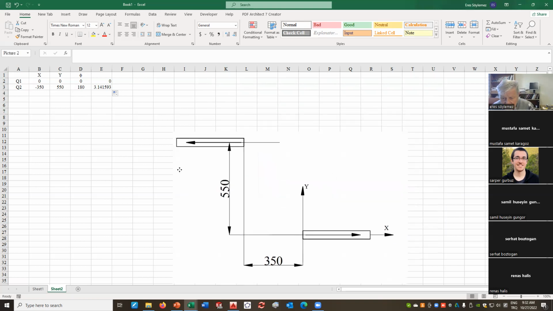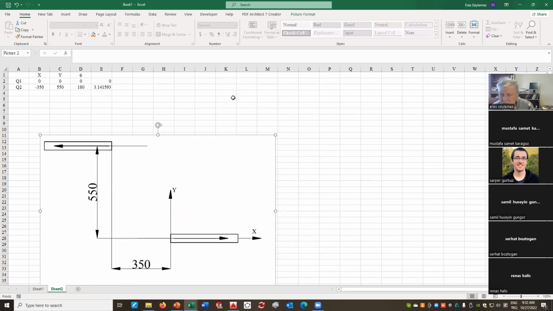As I have done in the previous case, I will select A1. Sorry, I will use the letters A, B for my moving revolute joints.